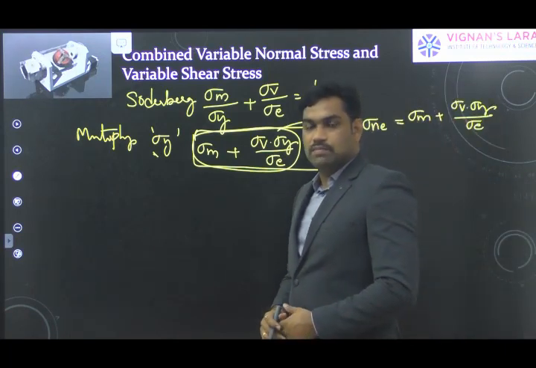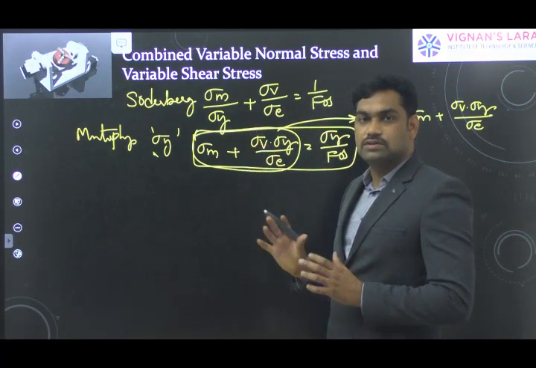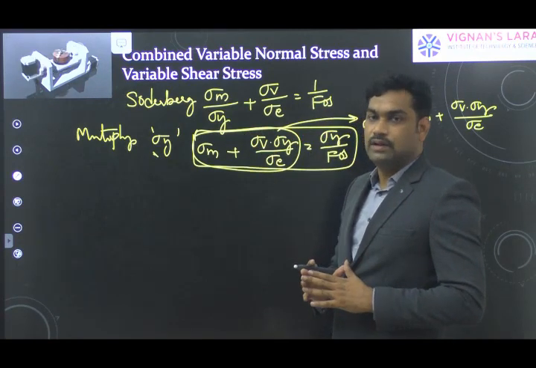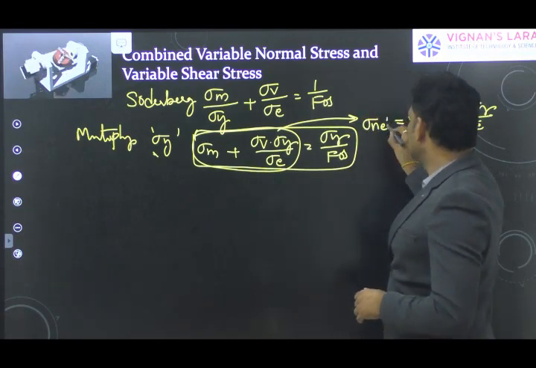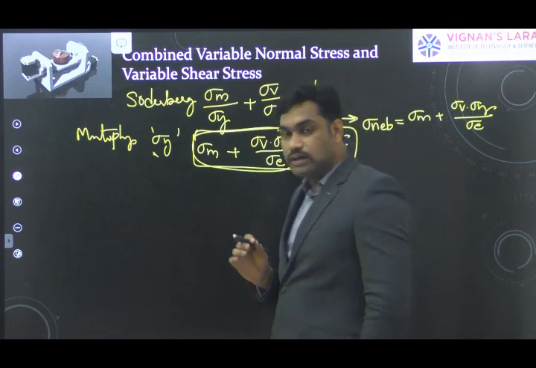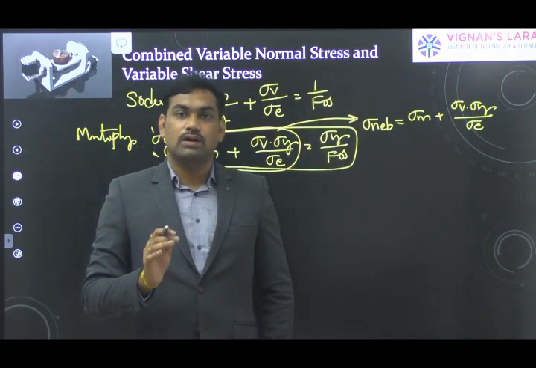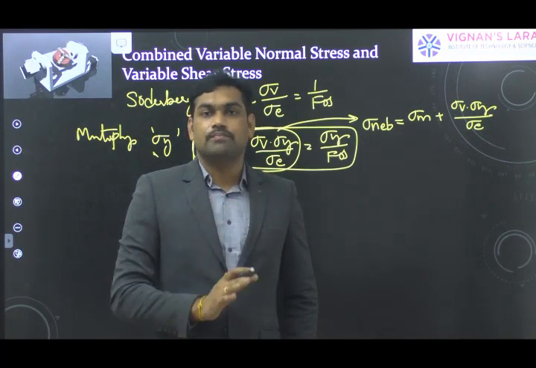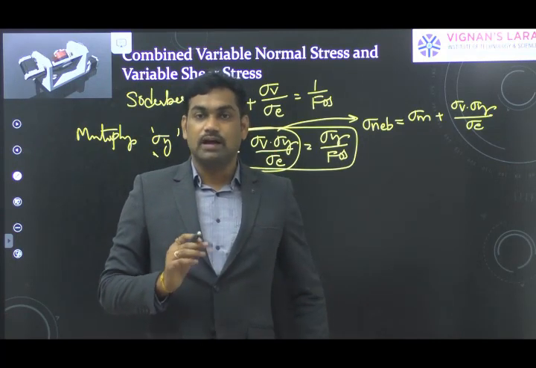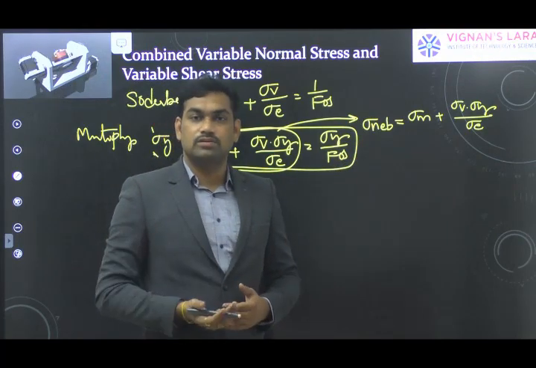So sigma ne. If the component is subjected only to bending stress, then this equivalent stress in bending we can write as sigma NEB, the equivalent normal stress in bending. Similarly, the machine component can also be subjected to axial loading.